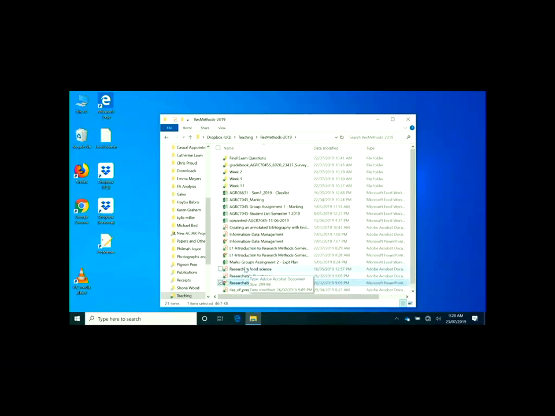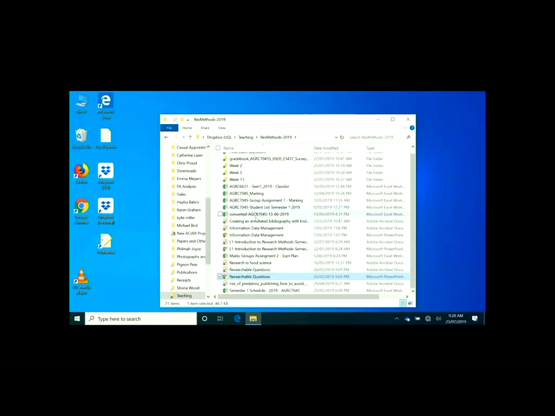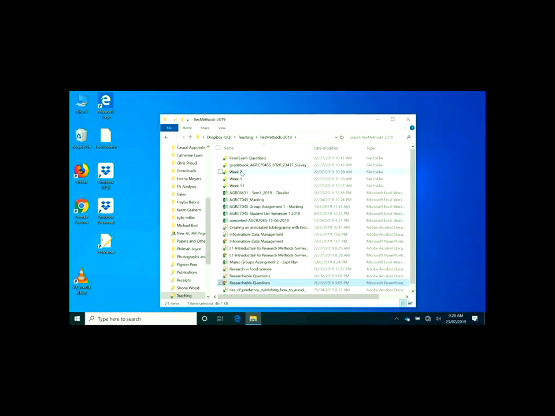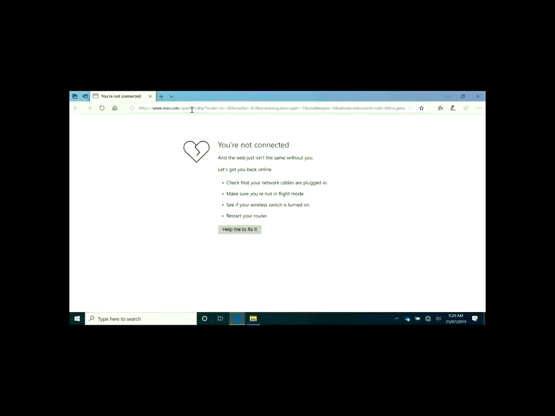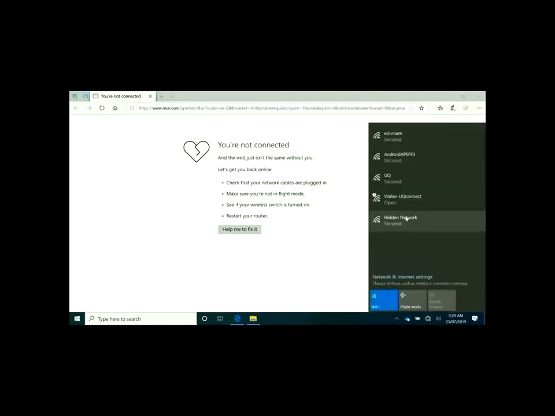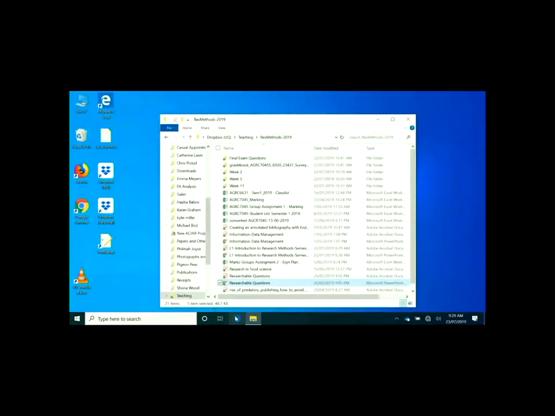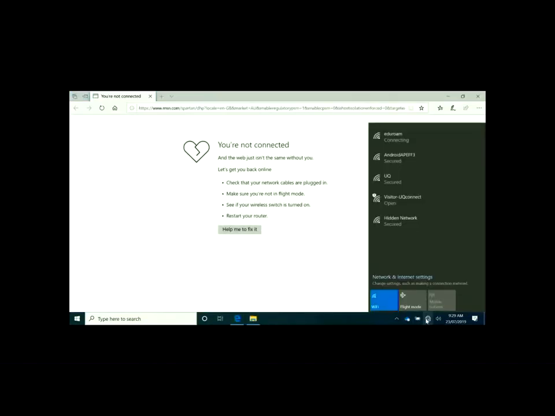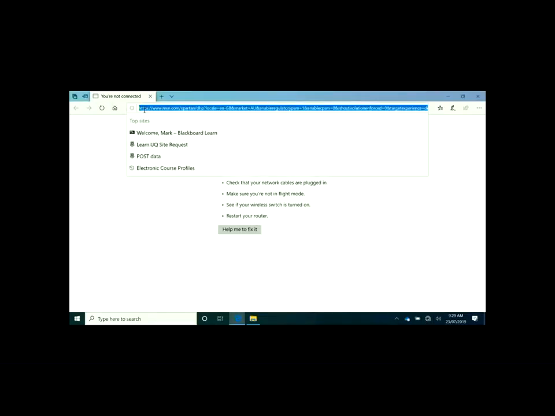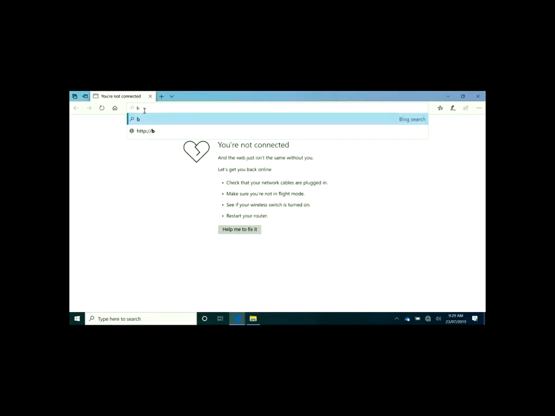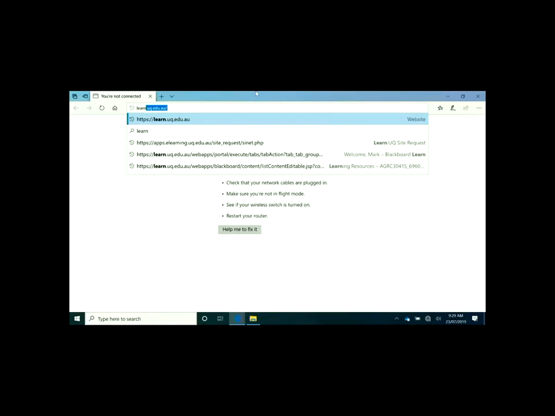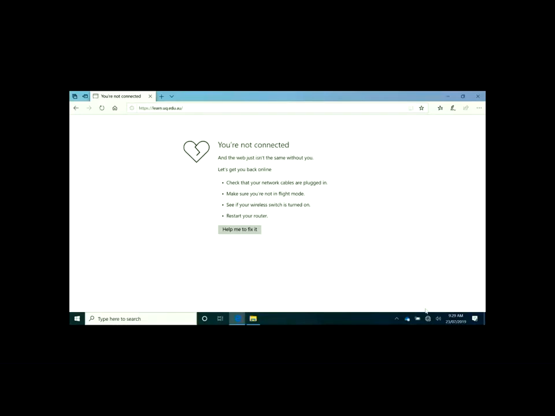Oh, not that one. I'll have to get it off the book. So connecting. Come on.